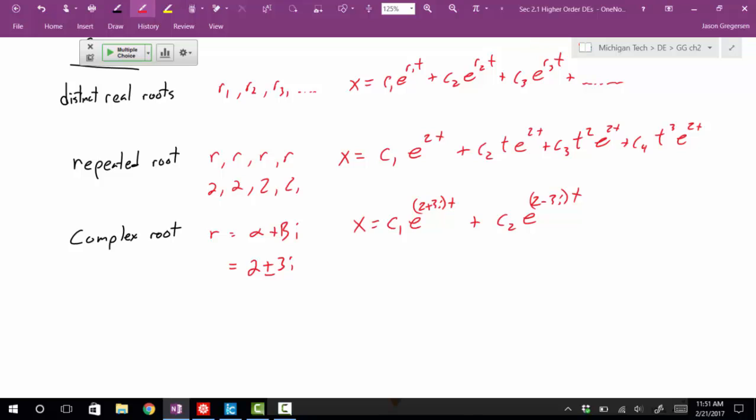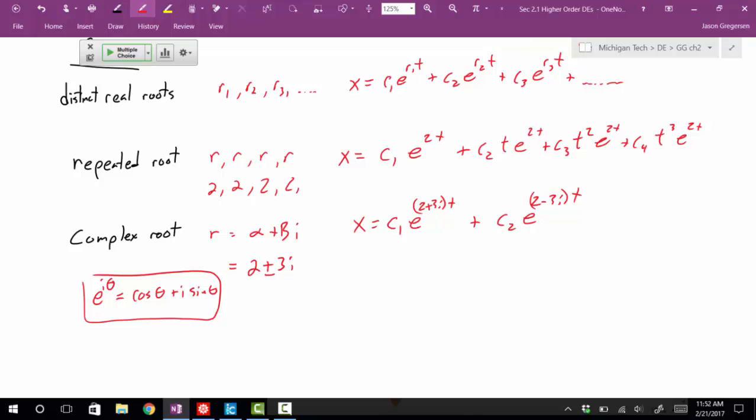What we do is we do a bunch of algebra, and we also use the fact that e to the i theta is equal to cosine of theta plus i sine theta. This is Euler's identity, a super useful and powerful thing that you can actually prove using Calc 2 and Taylor's theorem.